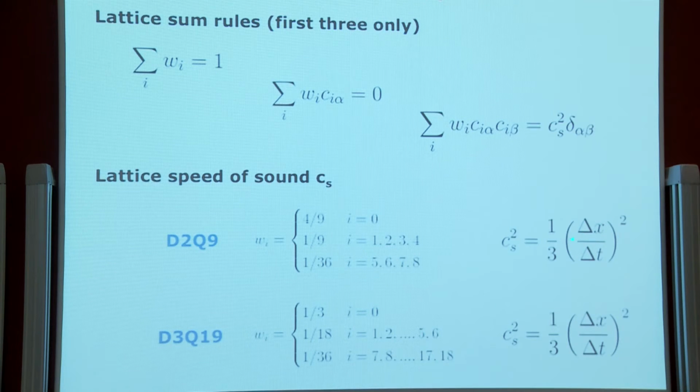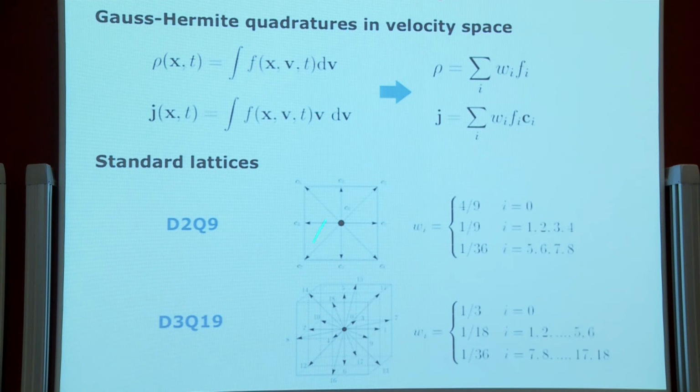So the lattice speed unit is the ratio between the length lattice unit and the time lattice unit. So again, the value of 1/3 times this lattice unit for the velocity is related to the choice of weights and velocities.